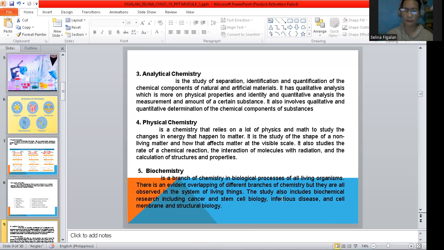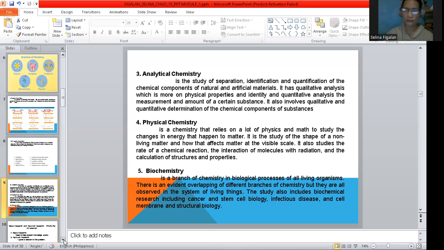Okay, so this includes therapy, medicine for cancer, or the use of stem cell biology, infectious diseases, and cell membrane and structural biology, which means it is not a pure chemistry, but a combination of living organisms and then chemistry or elements or the properties or compounds that are being used to cure a disease. Okay.